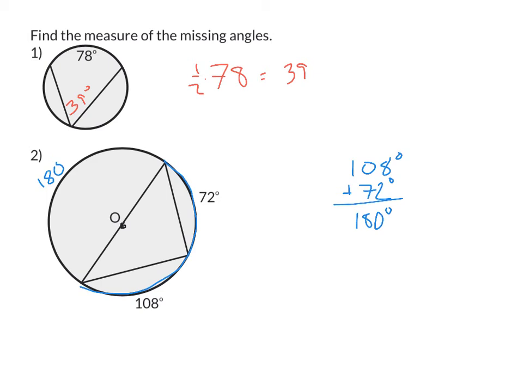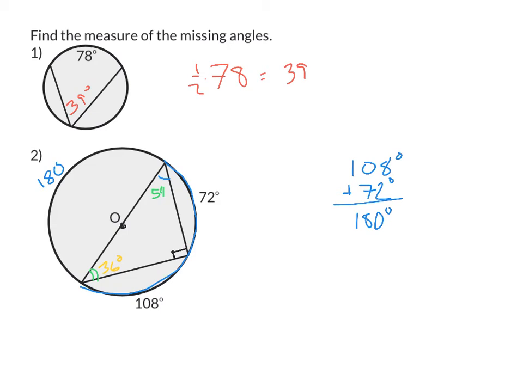So this angle right here is going to be half of 108, which is 54. This angle right here is going to be half of 72, so it's going to be 36. And then the remaining angle is half of 180, so it must be a right angle.